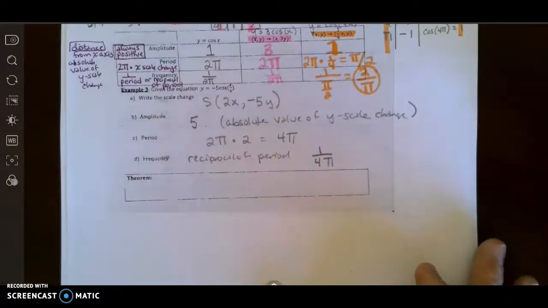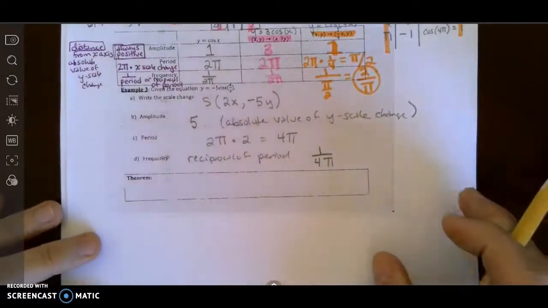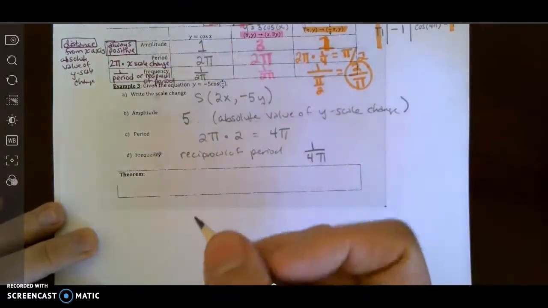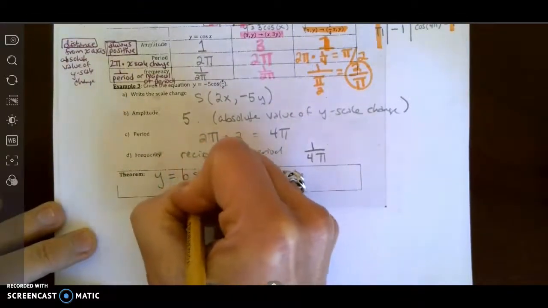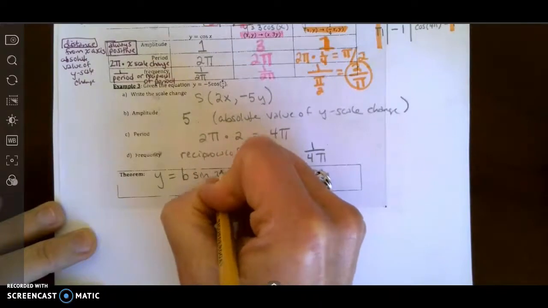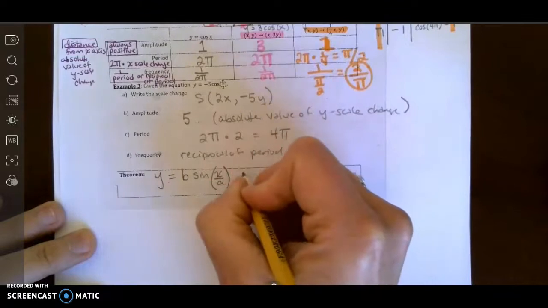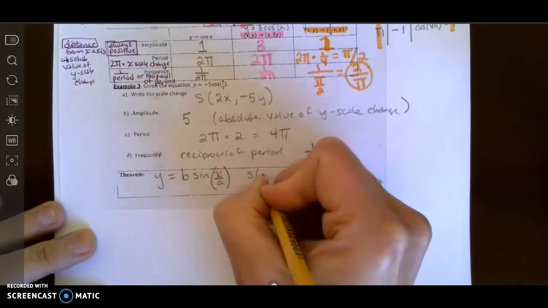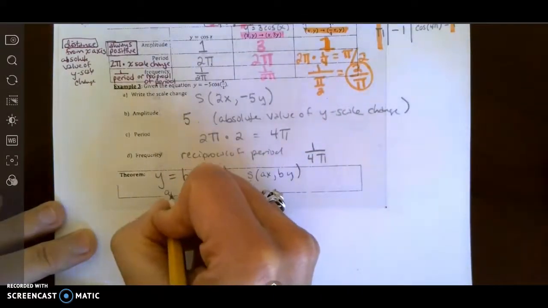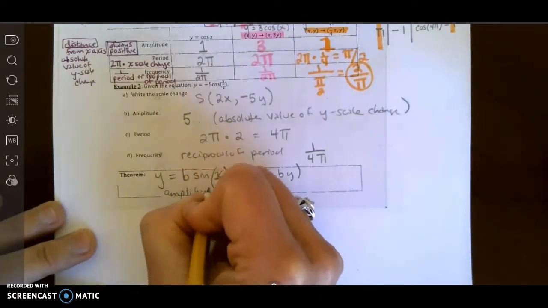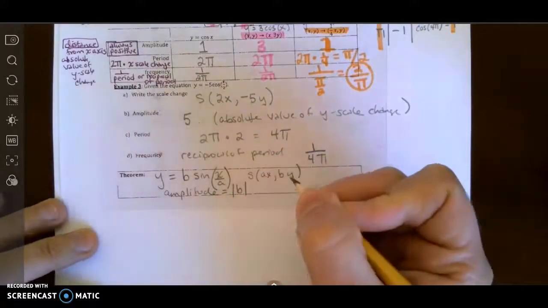So we're going to have a theorem that is going to apply to the scale change notes that we've taken. The theorem says that y equals b times the sine of x divided by a, with the scale change a times x and b times y, that the amplitude is equal to the absolute value of b, which we had talked about.